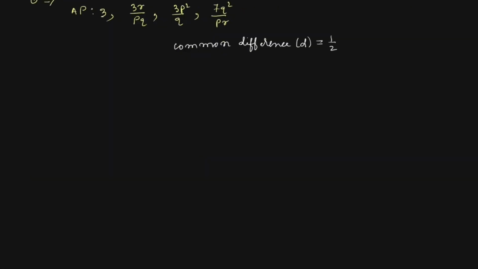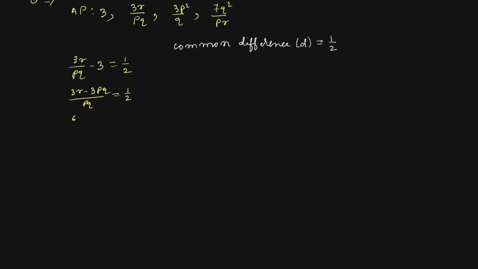So we are able to write 3r divided by PQ minus 3, which is equal to 1 by 2. If we simplify, then we will get 3r minus 3pq divided by pq, which is equal to 1 by 2.